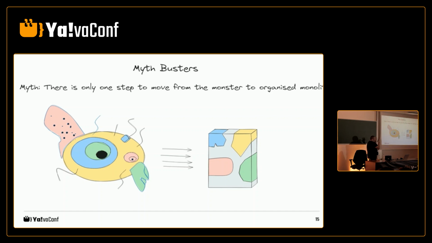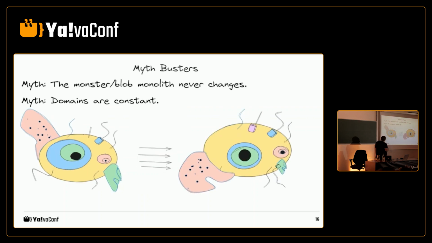So this myth appears when you want to have some plan, but this plan is diverted by many different things. Again, probably another presentation. What's also happening is the myth that the monolith never changes. This is also about planning how you move from one architecture to another. You think, I understand the domains, let's cut this in this way. It takes some time, right?